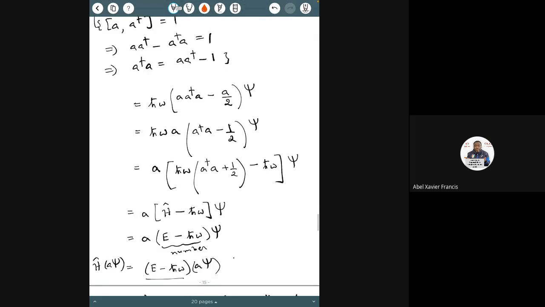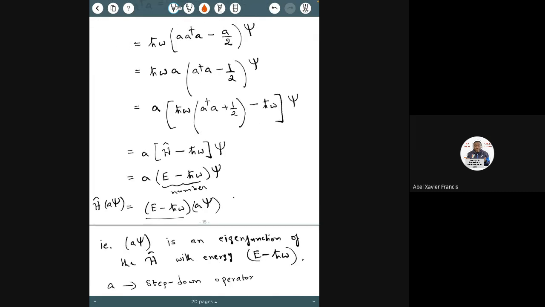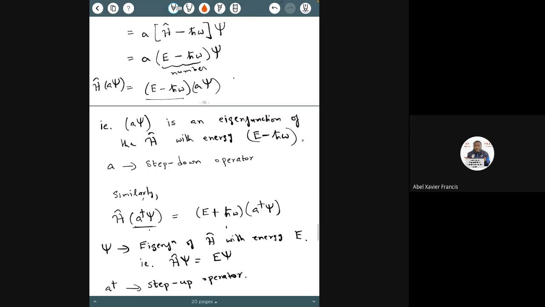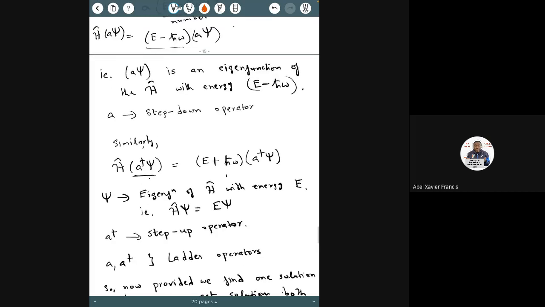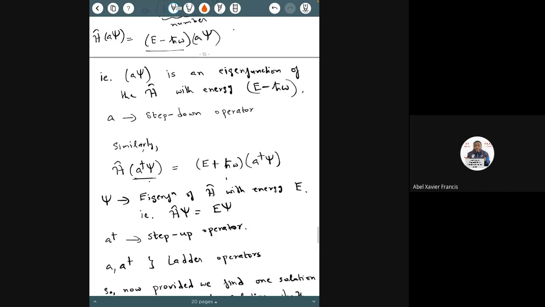Okay, and so the energy eigenvalue is E minus h cross omega for A psi. Also, if we use the wave function A dagger psi, we raise the energy by h cross omega. So that gave us a unique way of finding out the energy eigenstates and wave functions.